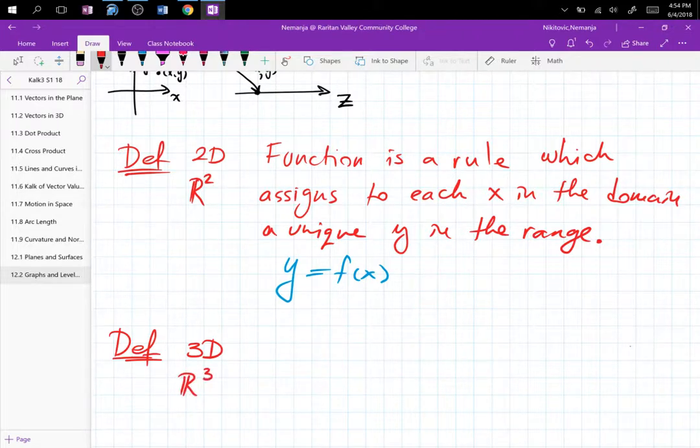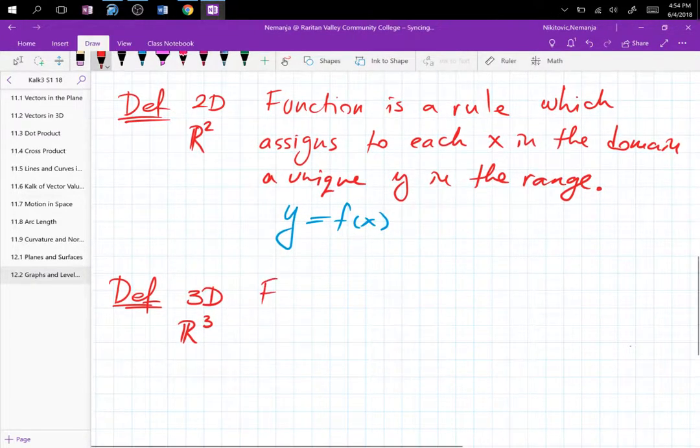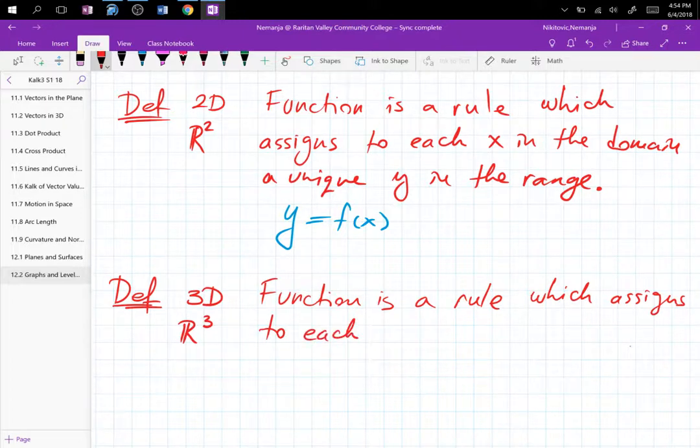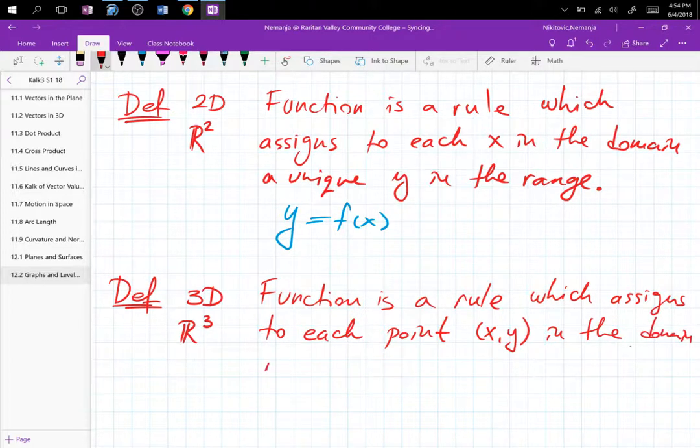So now for the 3D version of this, a function is a rule which assigns to each point xy in the domain a unique z in the range.